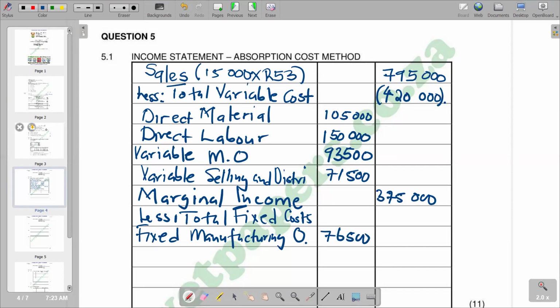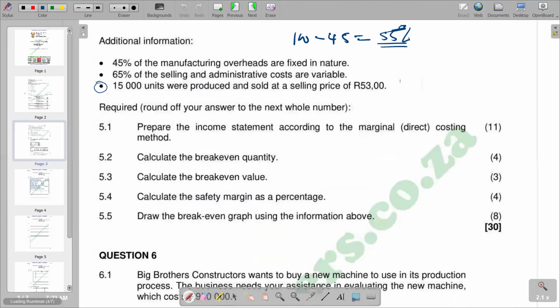Then moving on, second point, we are told that 65% of the selling and administrative costs are variable. So it means the fixed component is 100 minus 65, and we get 35%.